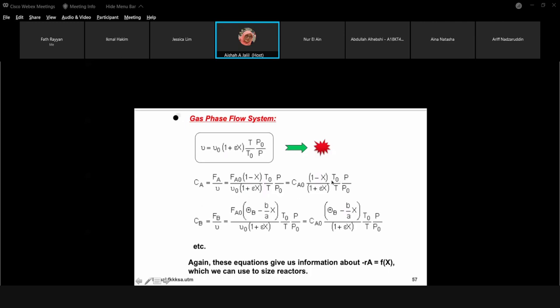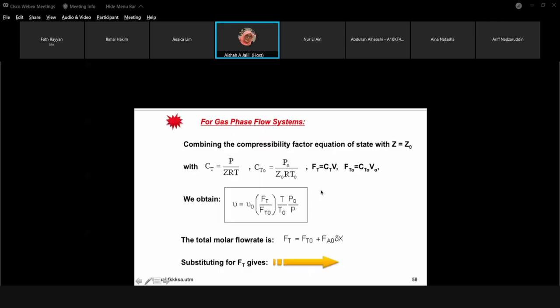So it depends on the equation. What is epsilon? Epsilon you can calculate, we will see later. For the gas phase flow system, combining the compressibility factor, this is the compressibility factor that you studied in thermodynamics.